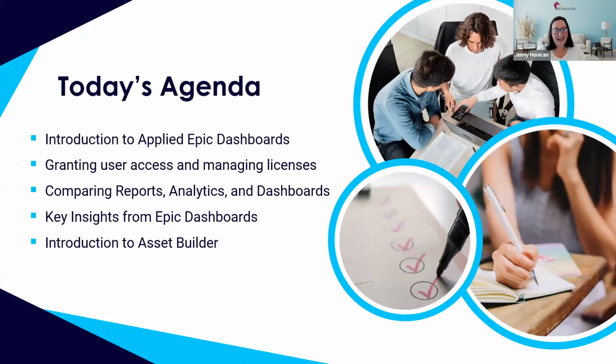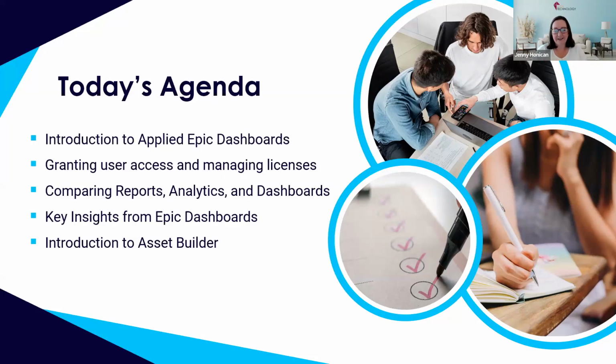All right. So today we've got a lot to bite off in this next hour. I want to introduce you to Applied Epic Dashboards. I want to show you how to grant the licenses, manage the licenses. We're going to do a brief comparison of reports, analytics, and dashboards because they don't all pull the data the same way, and that's the biggest frustration that we hear from users: my dashboard is wrong.